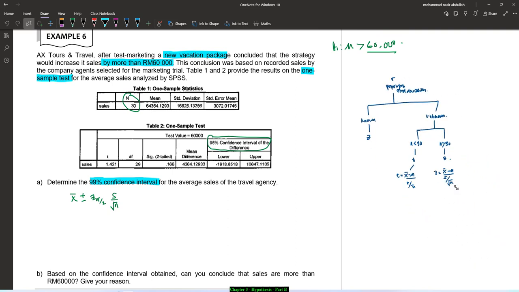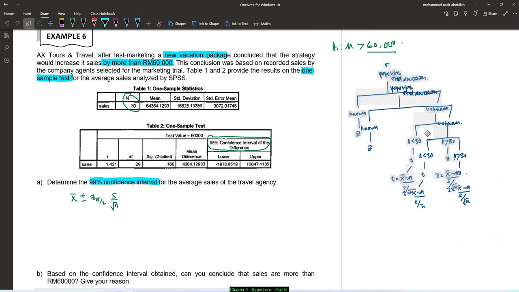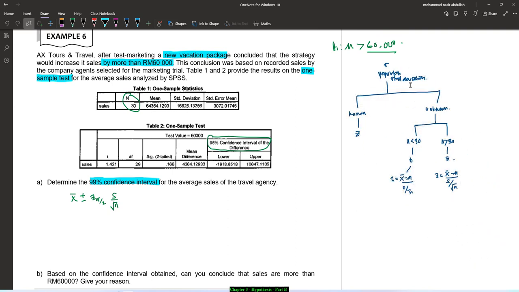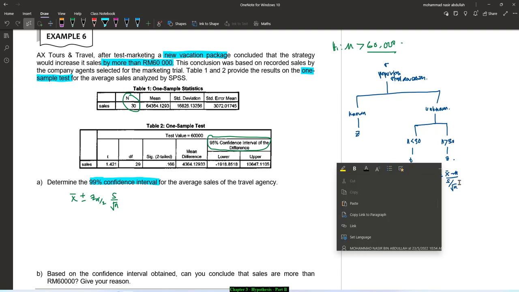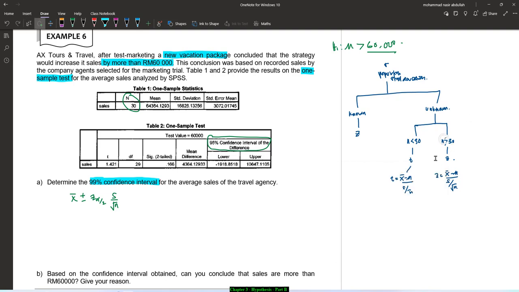You need to always remember this table. When the population variance is unknown, so in this case we don't know the population variance or population standard deviation, and n is more than or equal to 30, use the Z distribution. More than or equal to 30. So kita ubah sikit, tambah sikit. More than or equal to 30.